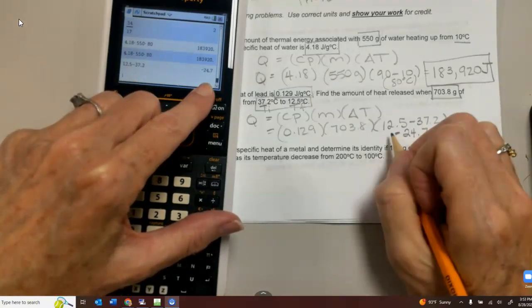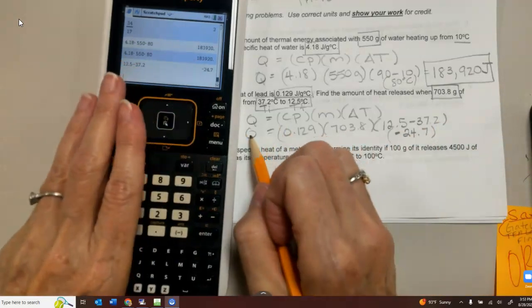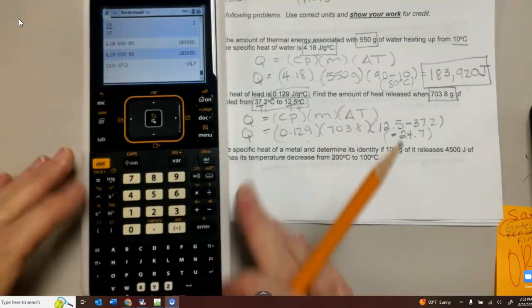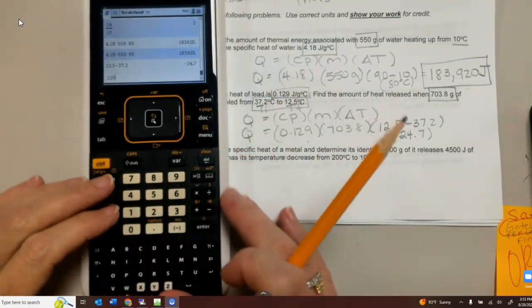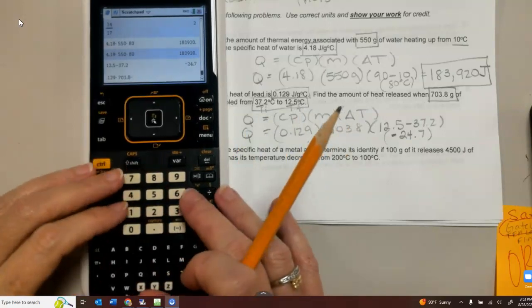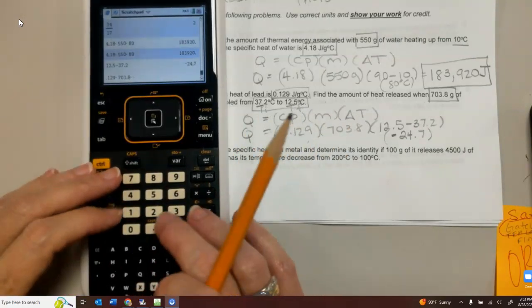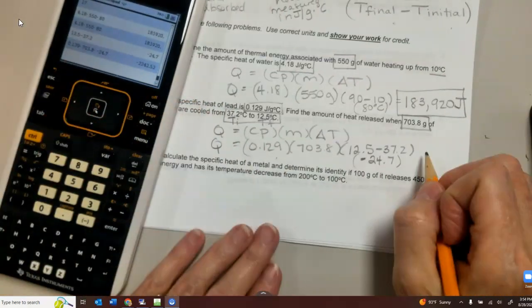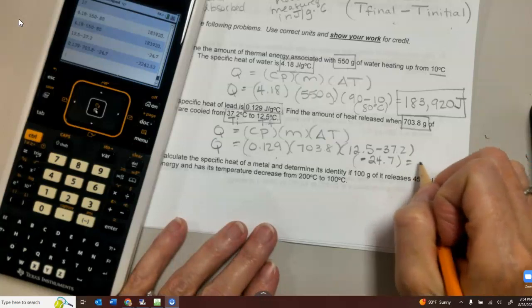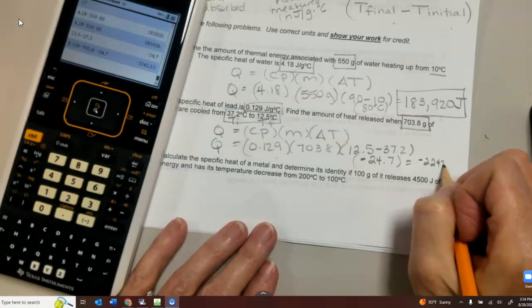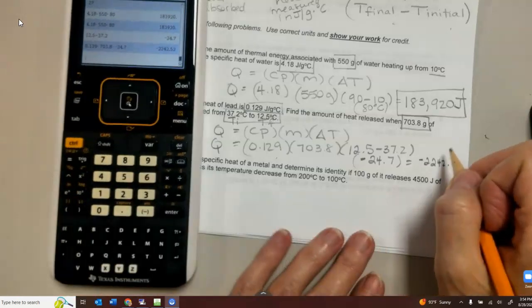Here's how we're going to have a negative Q. All right, because we're going to do 0.129 times 703.8 times negative 24.7. All right, this time it's a negative Q. Q equals negative 2,242.52.